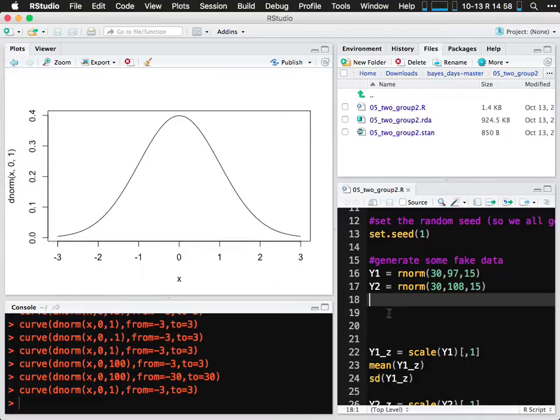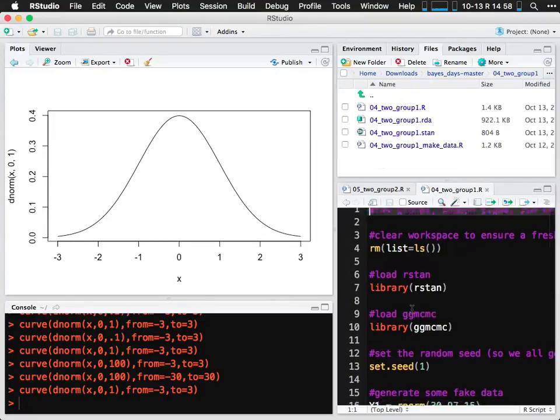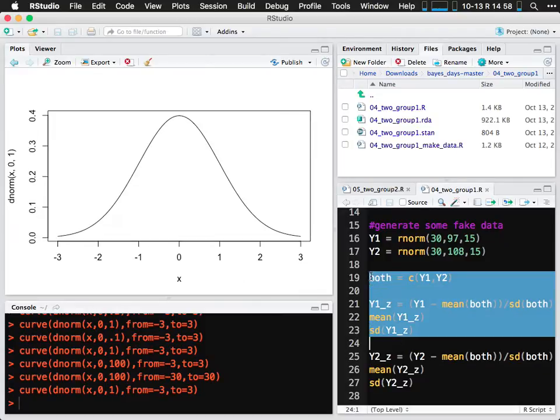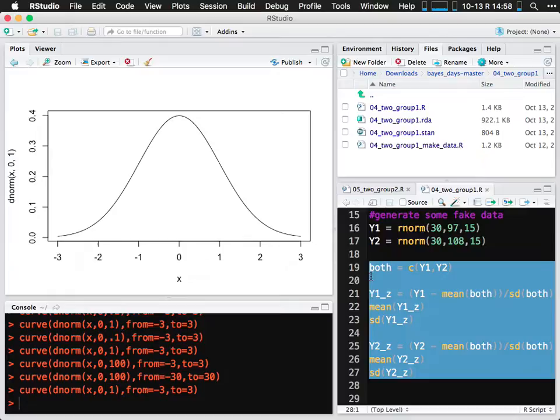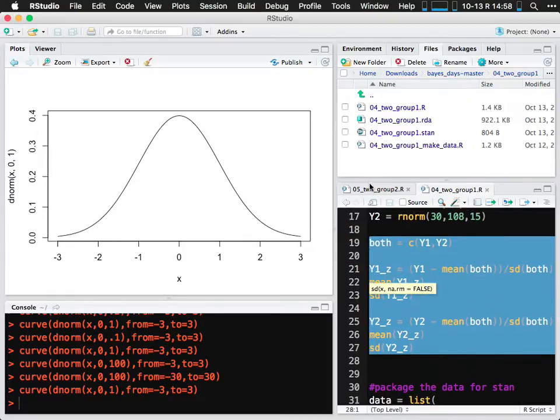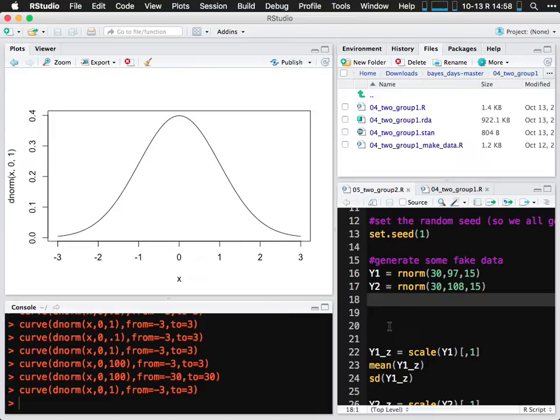So I have to go back and get the code that we wrote a second ago from the 04 where we scaled it. So in 04, I'm going to copy this bit where we create both, and I'll paste it into my example here.